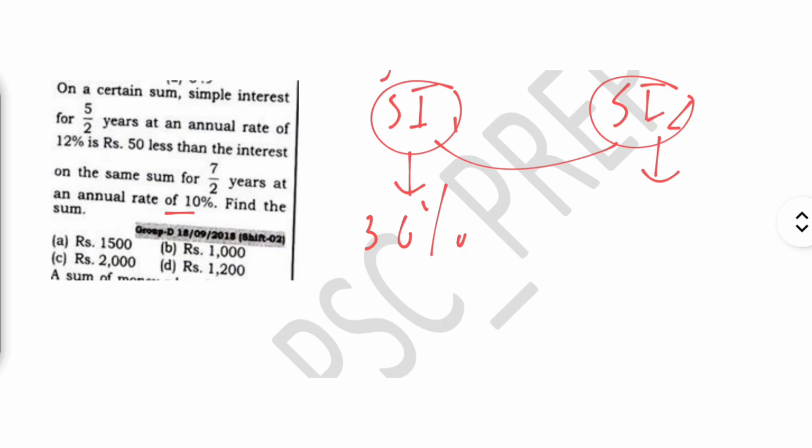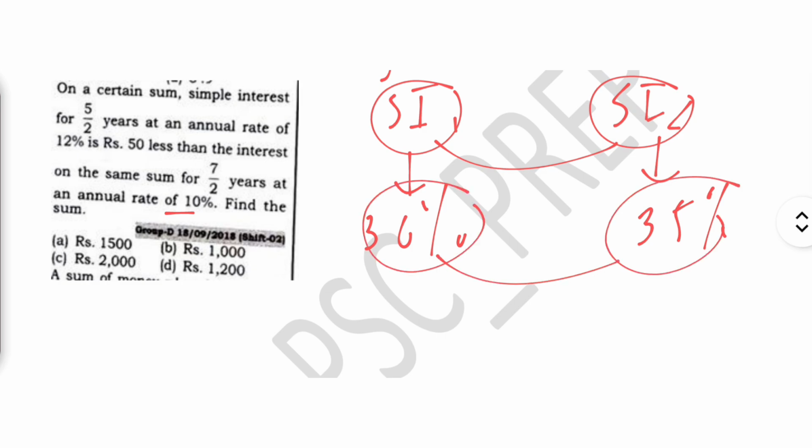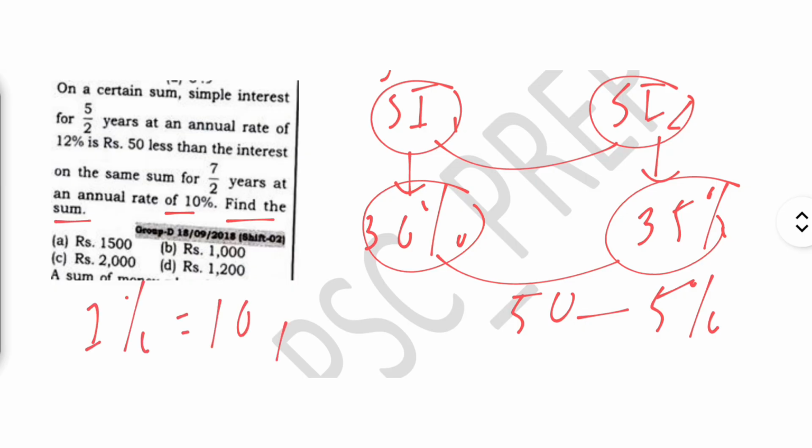Next, 7 by 2 of 10%: 2 5s are 10, this is 35%. So as we can see, this one is 50 less than that one. 50 is how much? 5%. So the gap between 30% and 35% is 5%, and 5% value is nothing but 50. 1% value is 10. If 1% is 10, find the sum, and the sum, what we know, is always 100%. So 10 into 100, which is 1000. Simple.